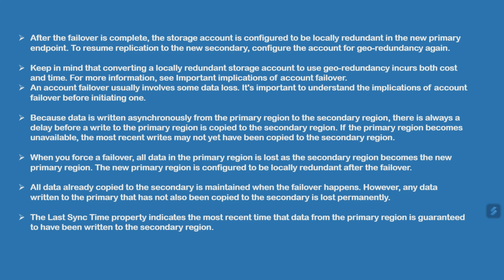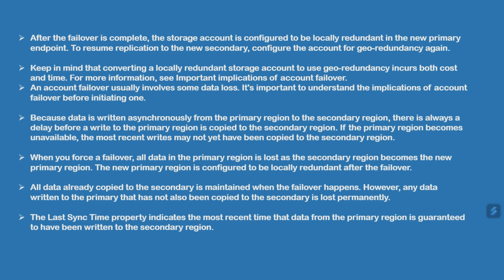An account failover usually involves some data loss. It's important to understand its implications. Since the data is written asynchronously, there is a delay between replication, and the data that has not yet been replicated to the secondary region before the failover might be lost.